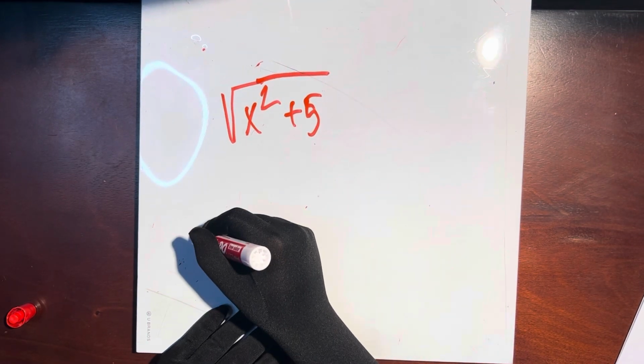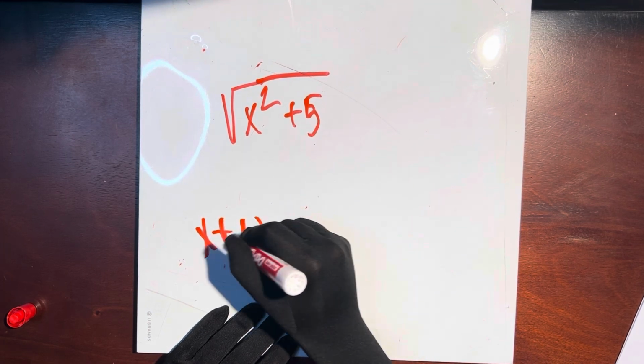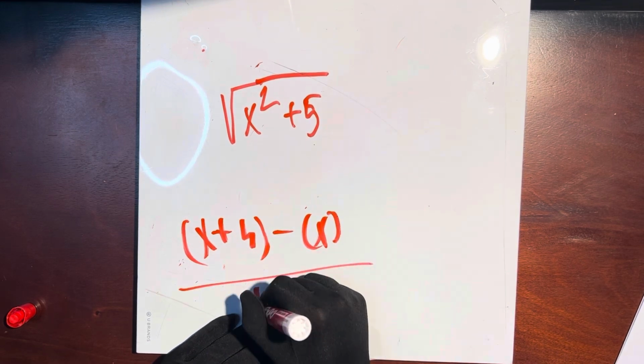First, you take the equation f of x plus h, minus f of x, over h.